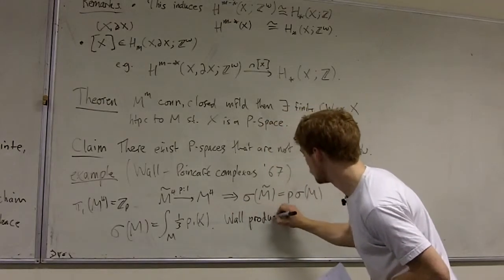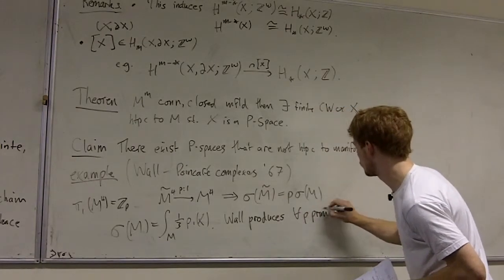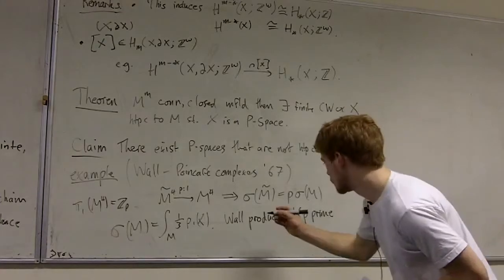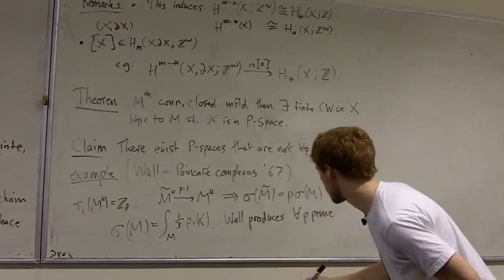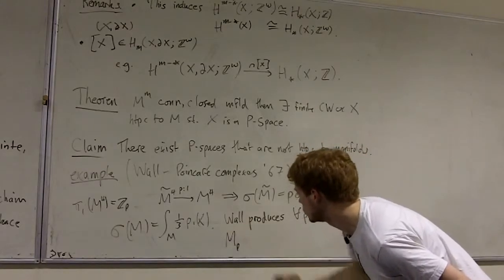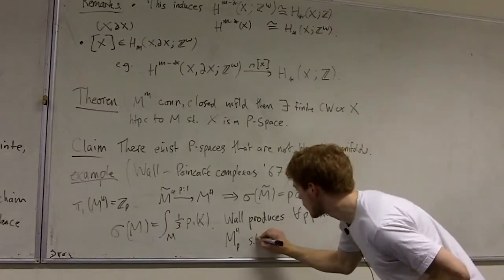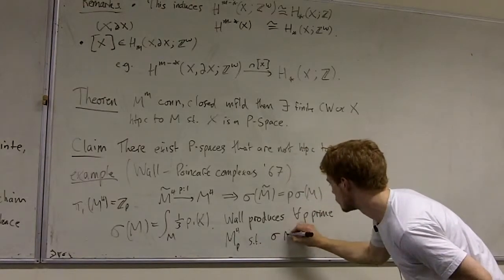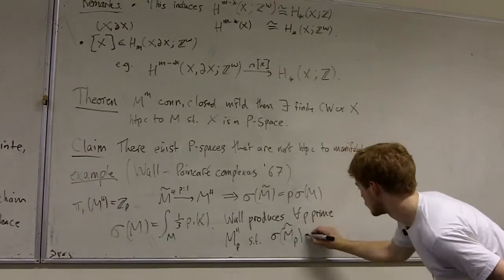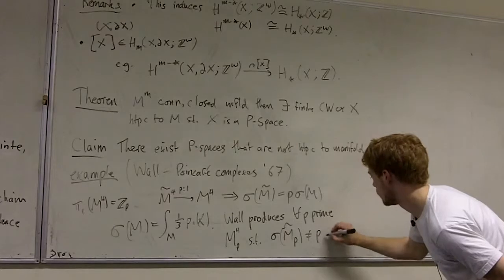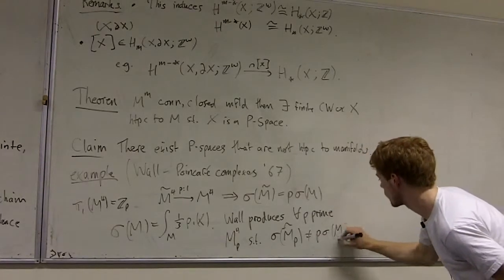So then Wall produces, for all primes p, a 4-manifold M_p with fundamental group Z/p, such that the signature of the universal cover does not equal p times the signature of M_p.